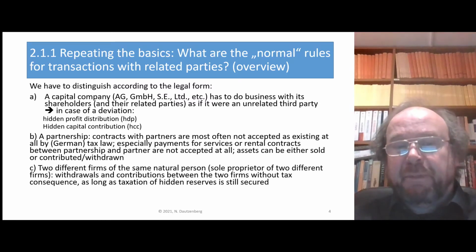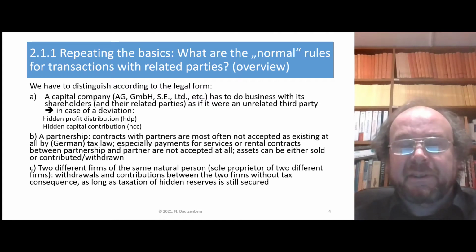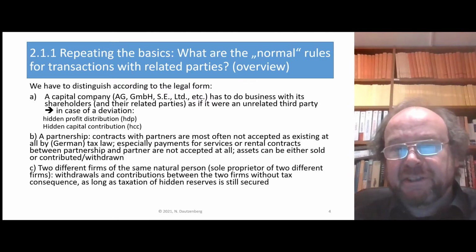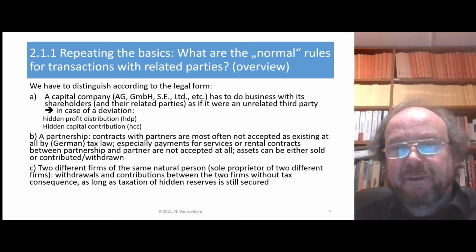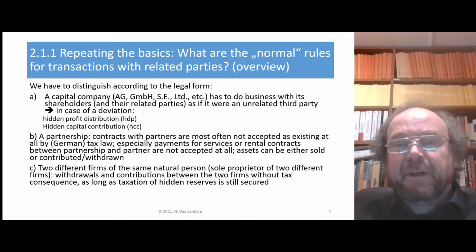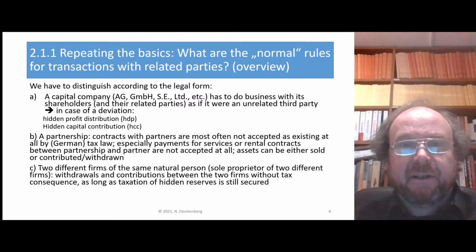If you have to do with a partnership, then contracts with partners are, in most situations in German tax law, not really accepted as existing contracts, especially for services. The relationship is usually requalified into an additional share in the common profit from the partnership.